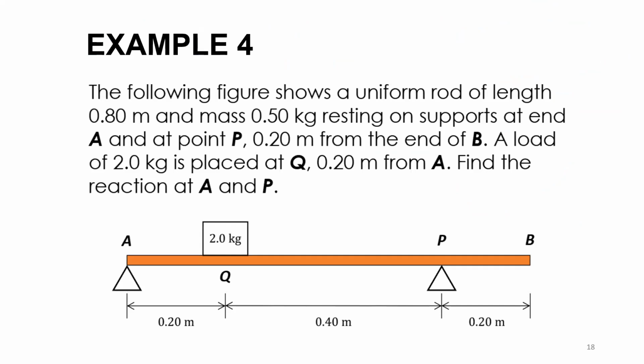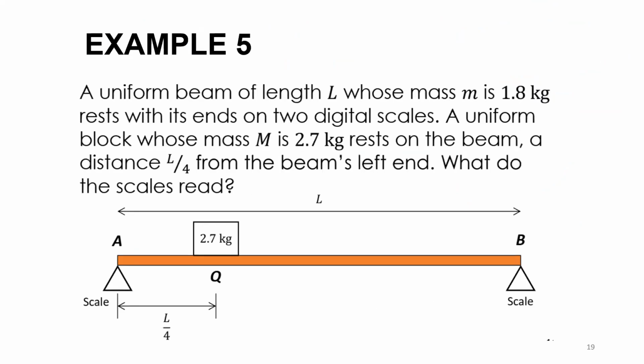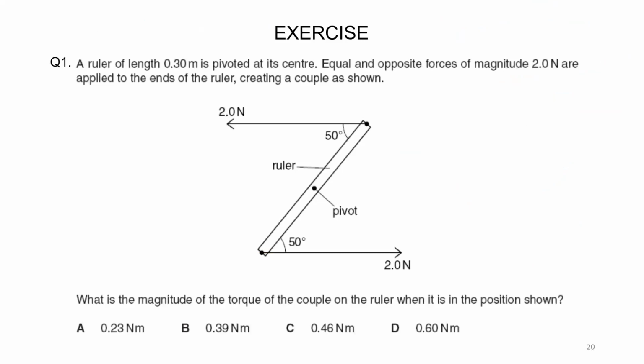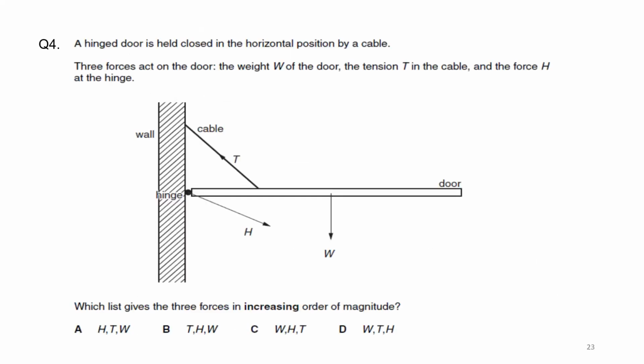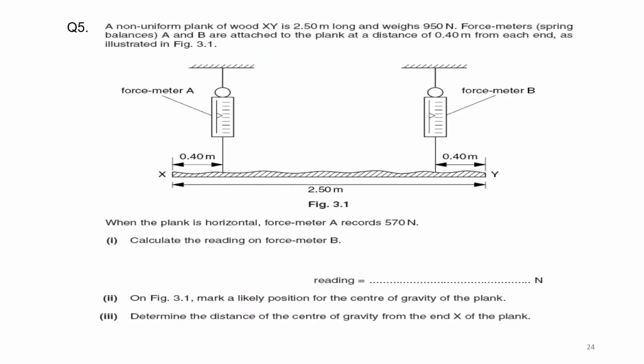This one you can try first if you want. Then you have some exercise questions for trying. You can try 1, 2, 3, 4, and then you have a structure question.